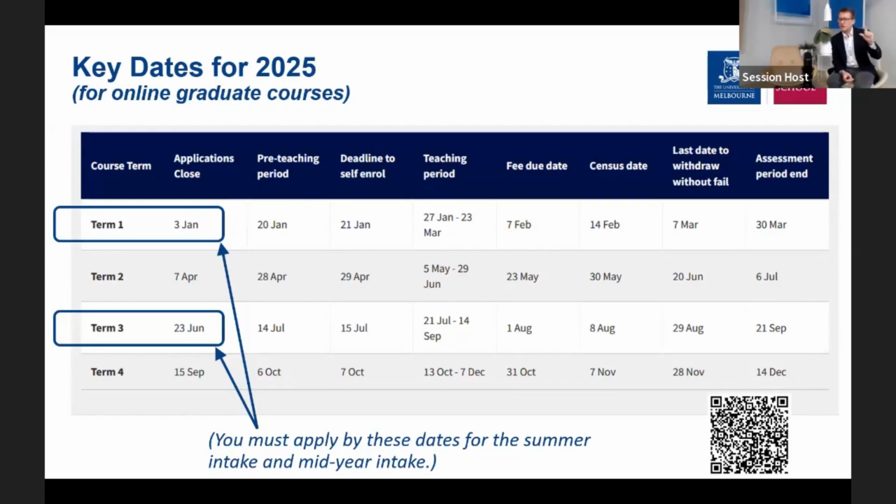I think you can even start to look at 2026, because if you enter the program in either term 1 or term 3, it's likely that you're going to be continuing with us through at least part of 2026 to complete your course.